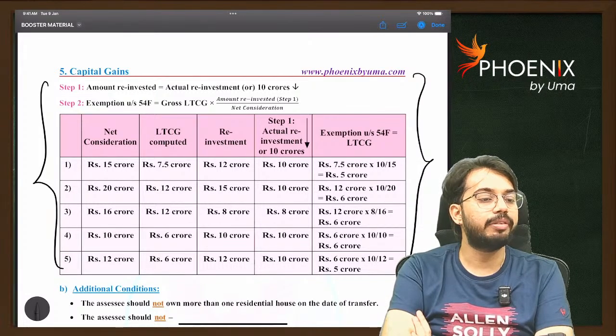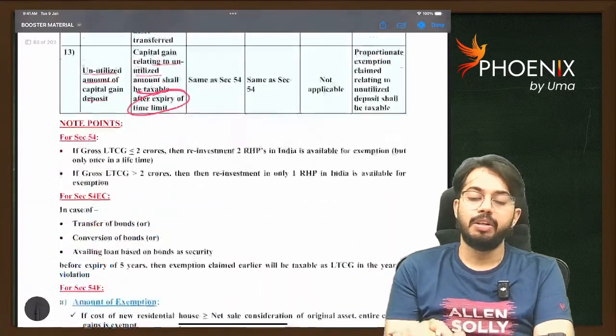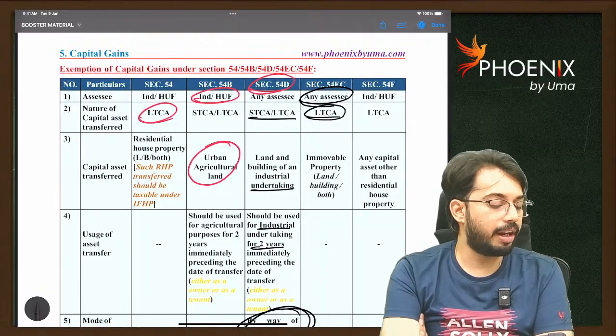That we will solve. Fine. Okay, shall I start section 54F? Very, very, very important.